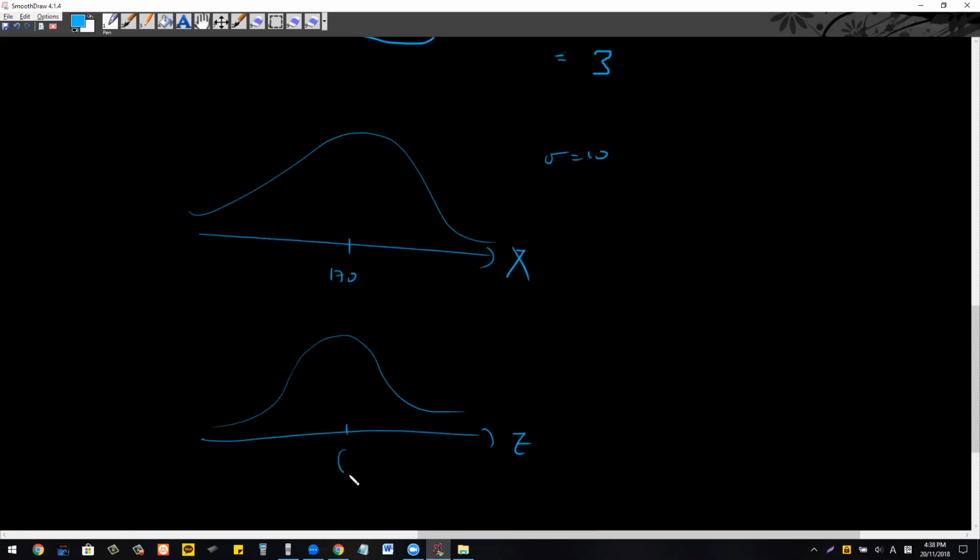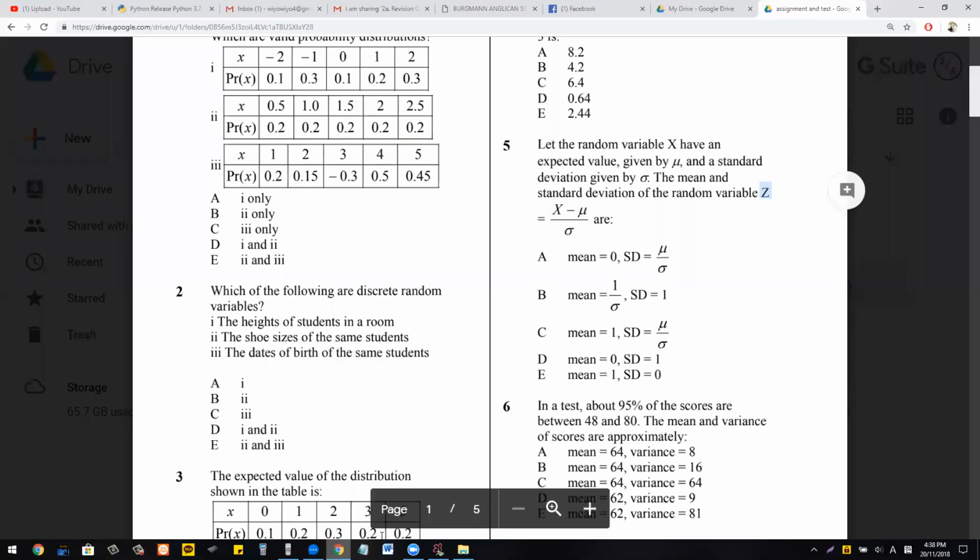Mean of 0. 0. And what does 1 mean? 1 is one standard deviation. So that means standard deviation in z-score is 1, isn't it? Because a z-score of 1 means 1 standard deviation. So the standard deviation must be 1. So the answer is this one here.